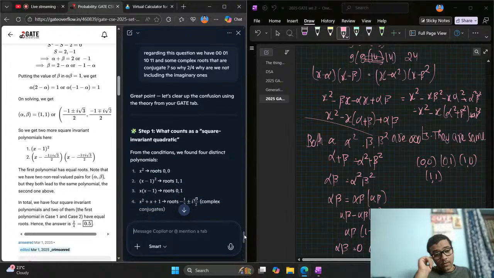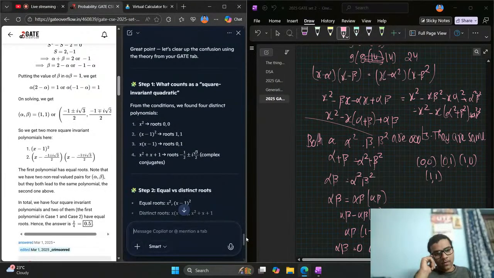Square invariant quadratic, complex conjugates.